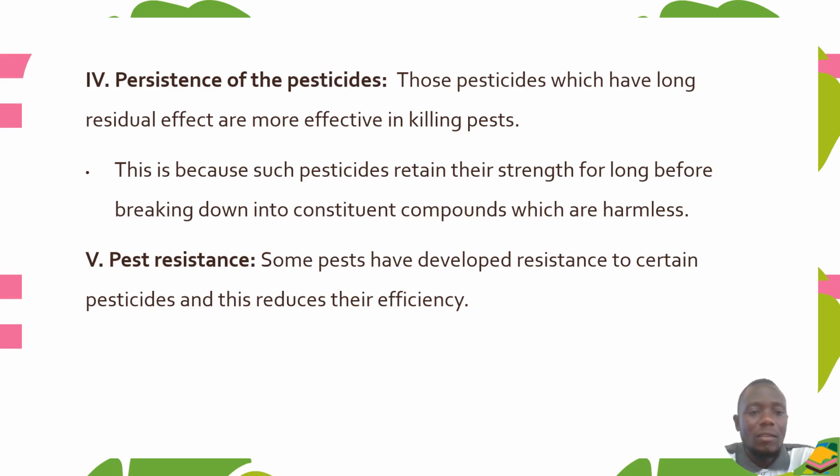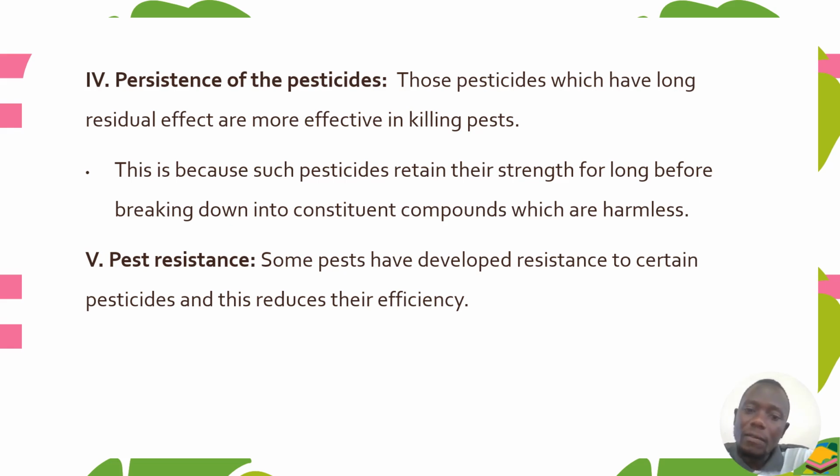Then we've got persistence of the pesticides. Those pesticides which have a long residual effect are more effective in killing pests. There are pesticides that have got a long residual effect, or they work for a long period of time after applying. That's long residual effect.